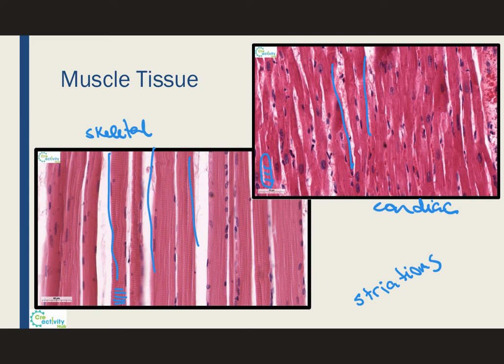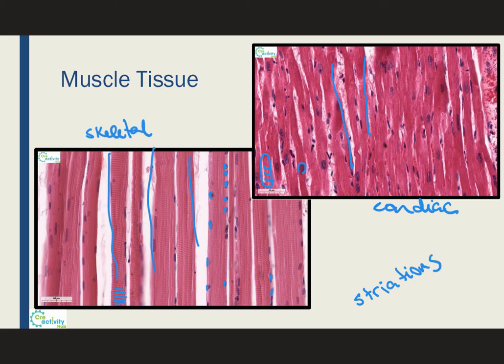The first thing is that on the skeletal muscle tissue, the cell nuclei are located on the periphery of the cell. See how they are on the outside of the cells, while the nuclei of the cells in the cardiac muscle tissue are located in the middle of the cell.